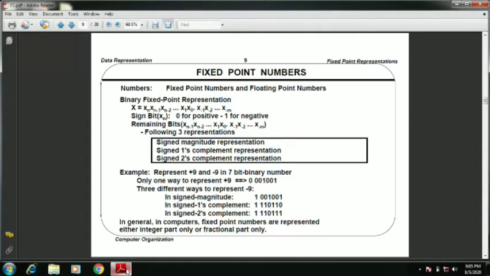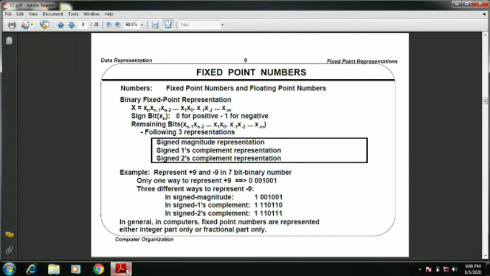So for minus 9, there are 3 ways to represent it: signed magnitude, signed 1's complement, signed 2's complement. First, in the signed magnitude method, the 9 is represented as 0001001, but the most significant bit becomes 1.